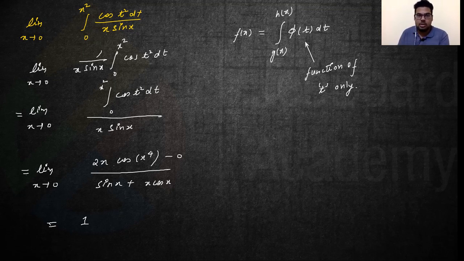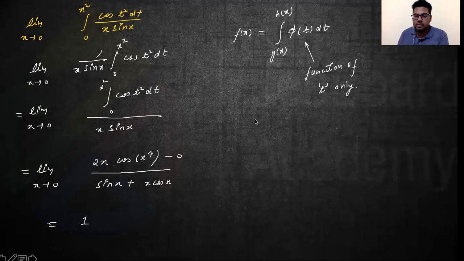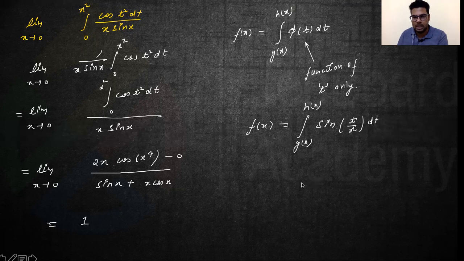For example, f of x is equal to, there is some limit, and you have been given a function, let's say sine of t by x dt, right? So in this case, you cannot apply this formula straight away, right?